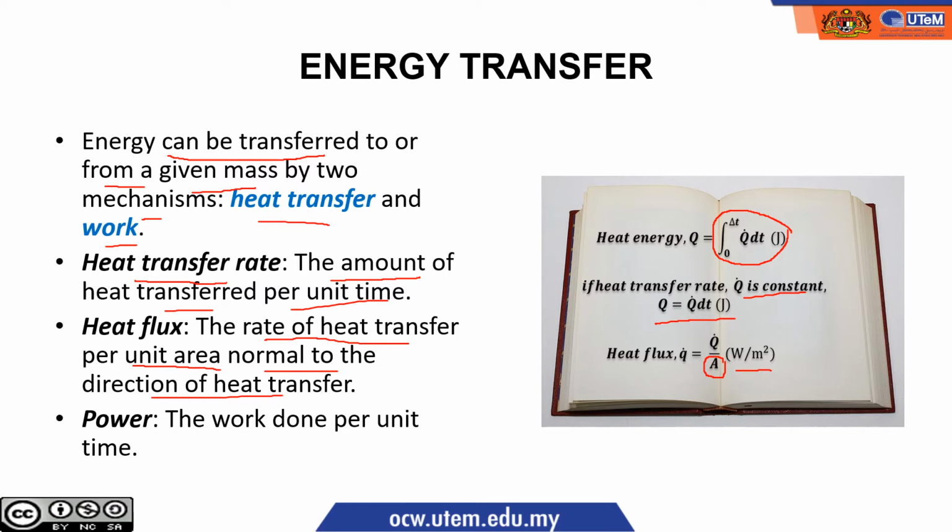The symbol of heat flux will be small q dot. And for power, the definition of power is the work done per unit time. So this one is about work and the time taken to do the work.